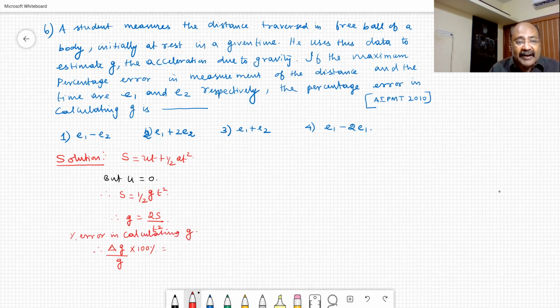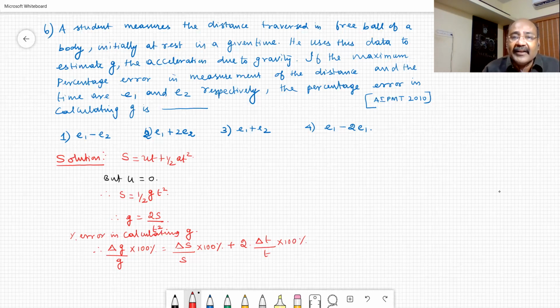So delta g divided by g into 100% is equal to, when you simplify this formula, delta S divided by S into 100% plus 2 into delta t divided by t into 100%.